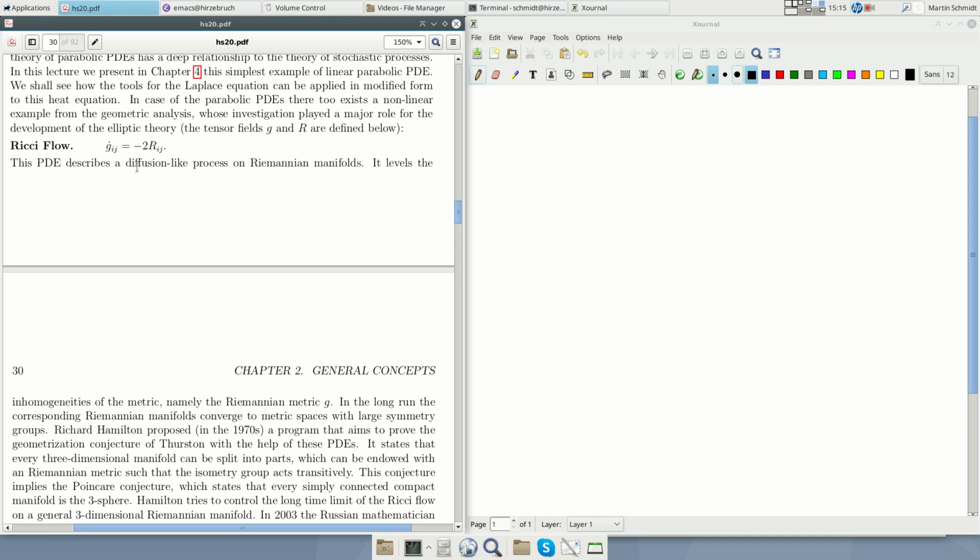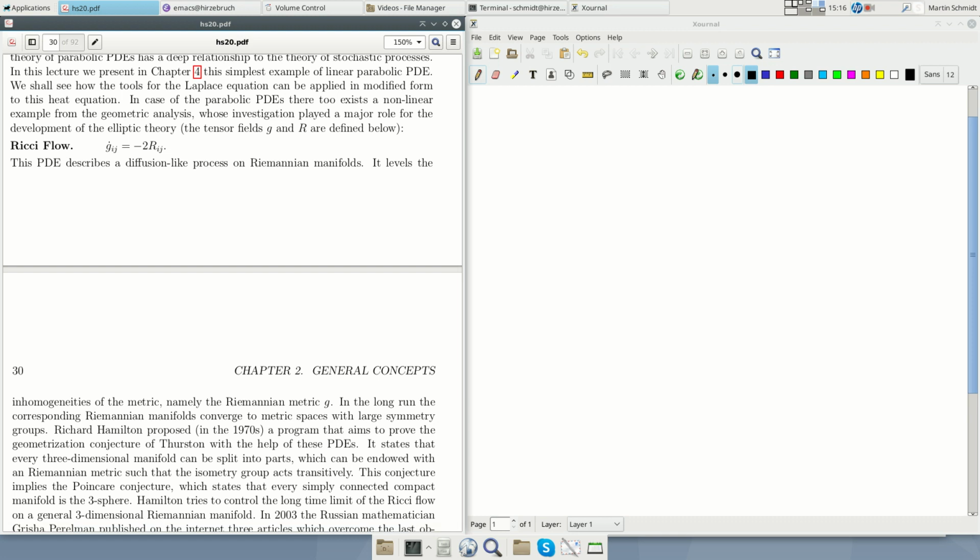And if he can control the limit in the long time behavior of this flow, then it's clear, since it's a diffusion process, in the limit the inhomogeneities should more or less disappear. And this is really what happens. In the long time limit, if you can control it, then you always obtain free manifolds which have a very large isometry group which acts transitively.